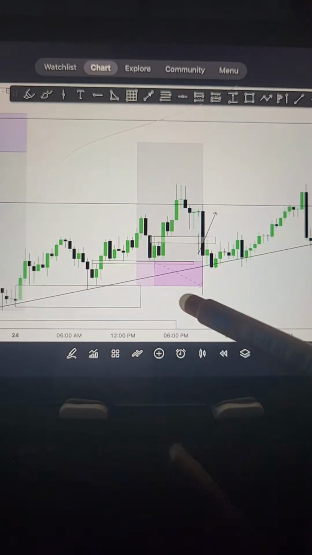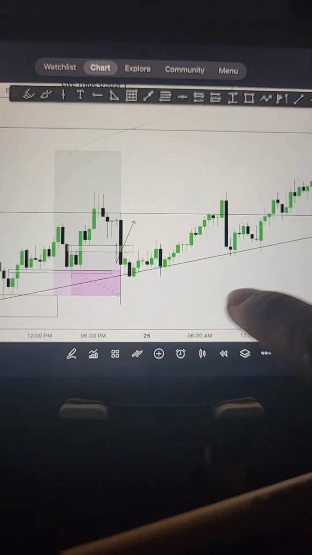Then I left the rest to be running. I broke even. I left the rest running, hoping that price will just come back here and mitigate this zone and continue going. But instead, price came back and took me out of the trade, and you can see how price started printing and smash take profit.